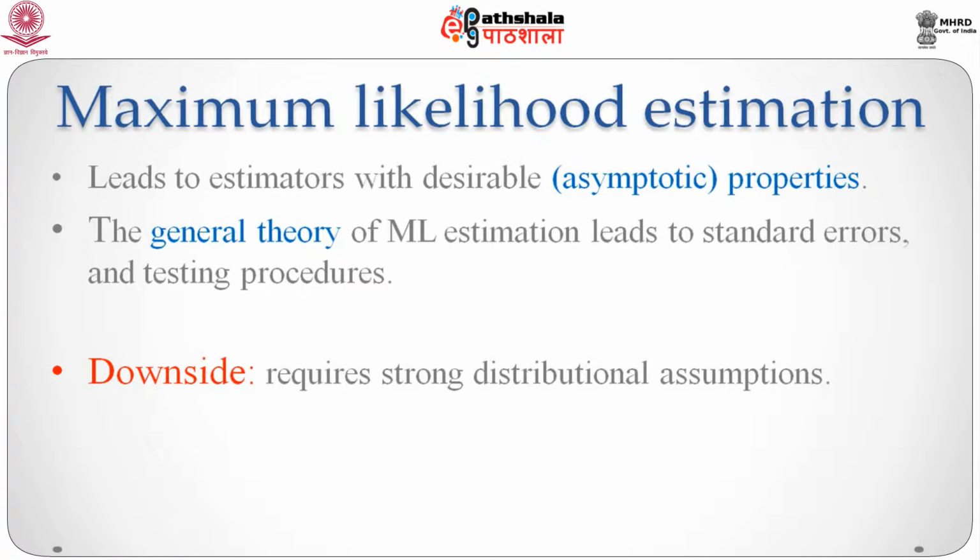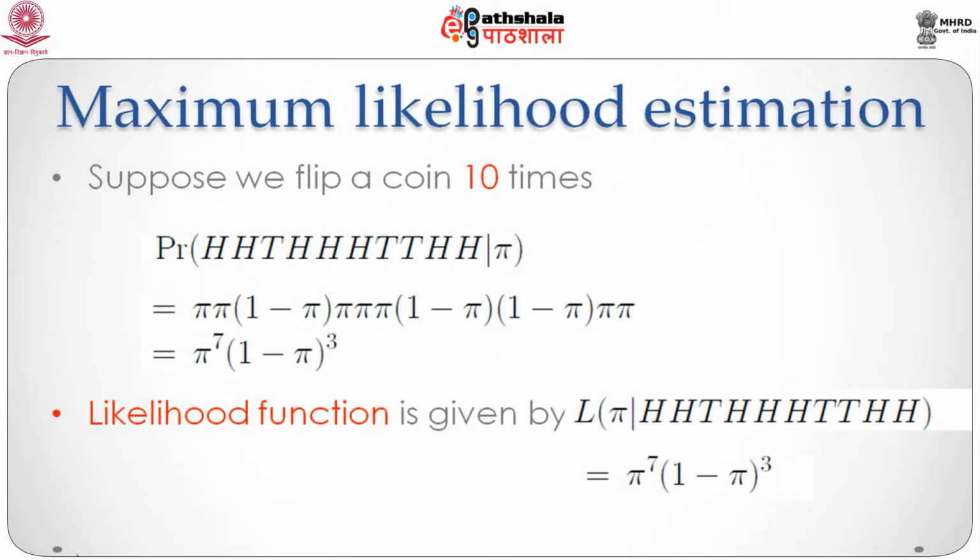A second desirable property of maximum likelihood estimators is that there is an underlying general theory which, the moment we are able to specify the likelihood, leads to standard errors in their estimators and associated testing procedures. The downside is that all this comes at a price, that is, we are required to make strong distributional assumptions.